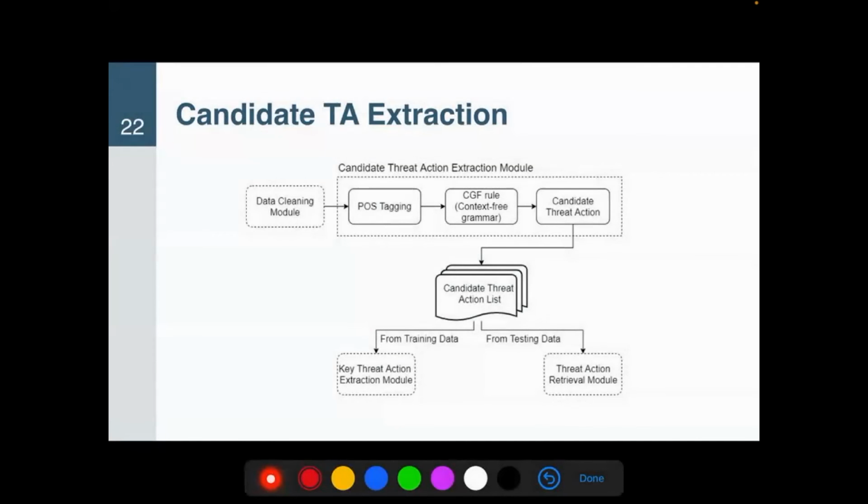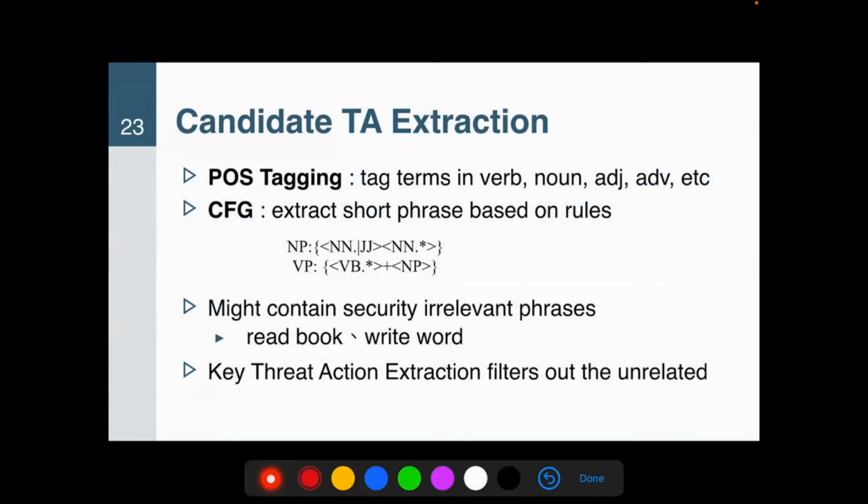The third component is candidate threat action extraction. We have POS tagging and CFG to extract candidate threat actions. POS tagging can tag terms into verb, noun, adjective, and so on. We use CFG to extract short phrases based on the following rules: noun and verb, verb plus noun.